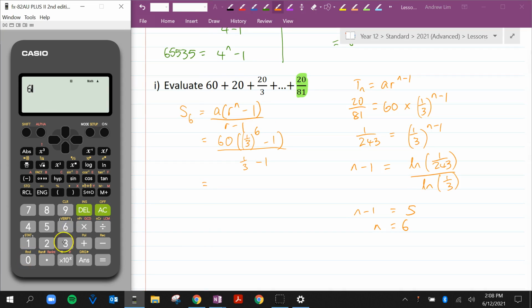Alright, let's put this in our calculator. 60 bracket 1/3 to the power of 6 minus 1 over 1/3 minus 1. 7,280 over 81. And that's the sum. About 89.88.